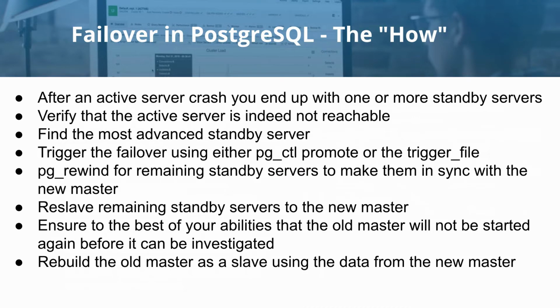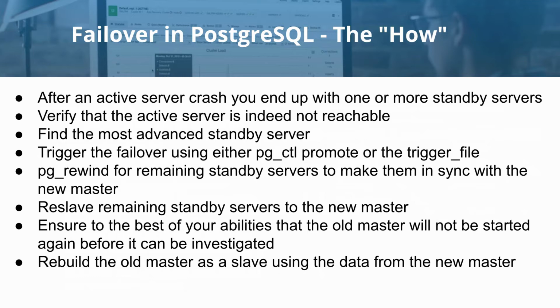Now for PostgreSQL, the failover mechanism has the following procedures. After an active server crash, you end up with one or more standby servers. Verify that the active server is indeed not reachable. Find the most advanced standby server. Trigger the failover using either the pg_ctl promote command or the trigger file. Run pg_rewind for the remaining standby servers to make them in sync with the new master.